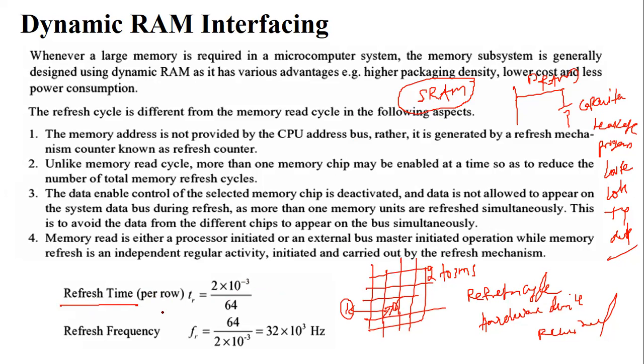This is the refresh time TR, 2 into 10 power minus 3 by 64. The refresh frequency FR is simply 1 by T, which is 64 by 2 into 10 power minus 3, equal to 32 into 10 power 3 Hz.